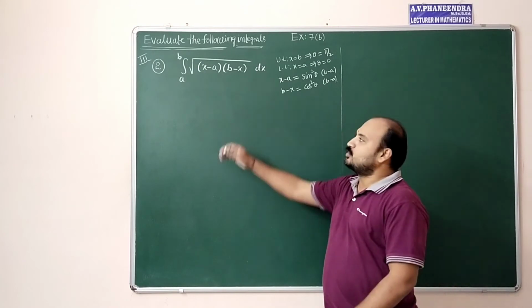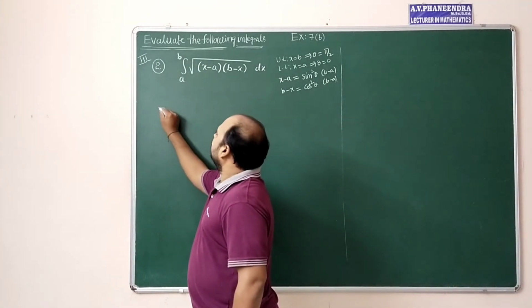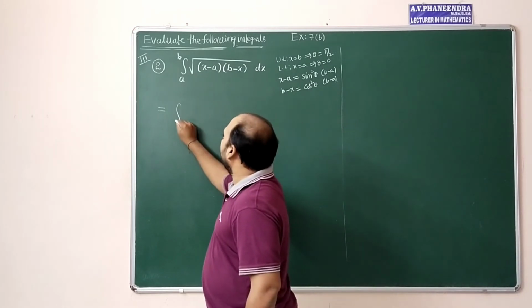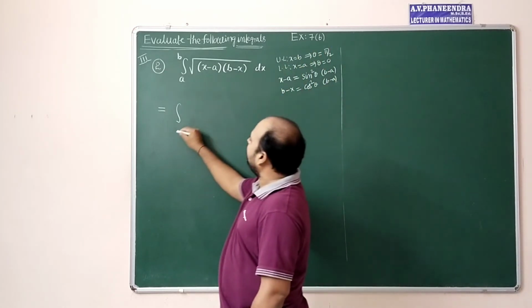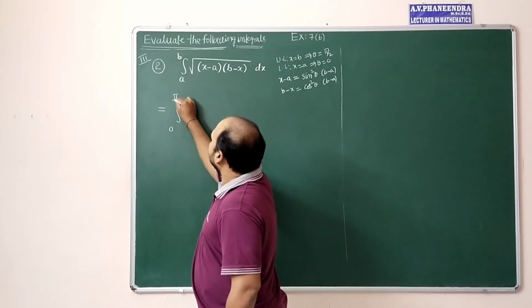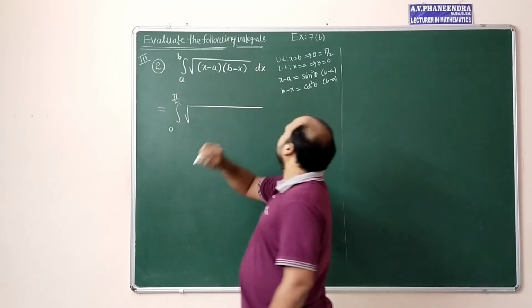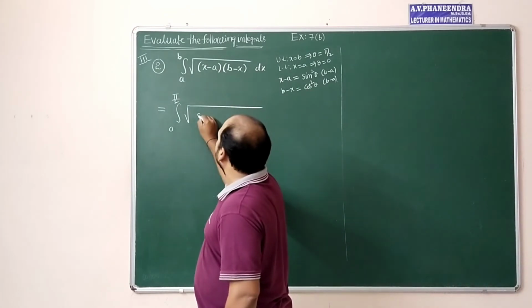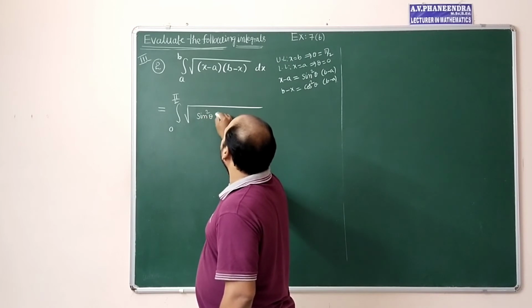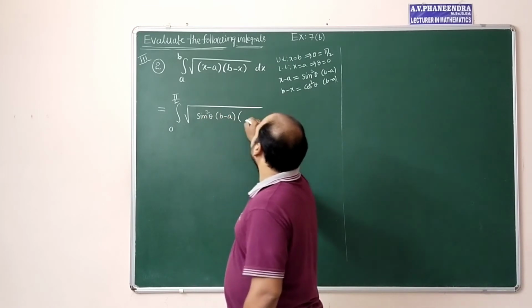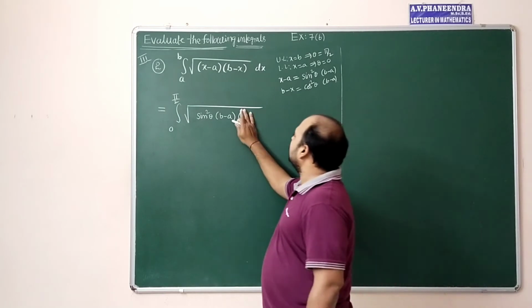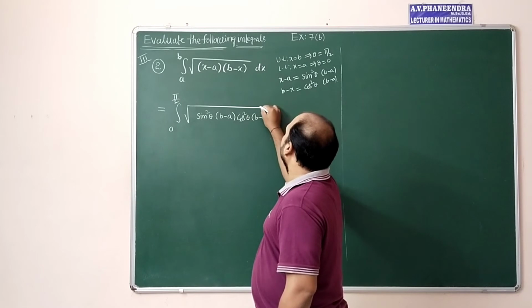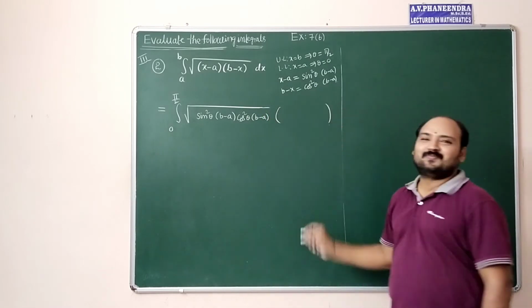Now substitute these values in this. Therefore the given integral equals, integral 0 to pi by 2, lower limit to upper limit, square root of x minus a value is sin square theta into b minus a, and b minus x value is cos square theta into b minus a, and dx value is also there, no?